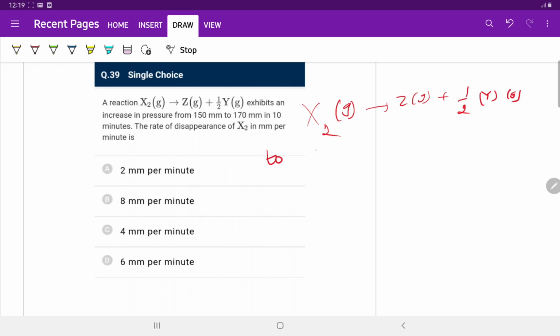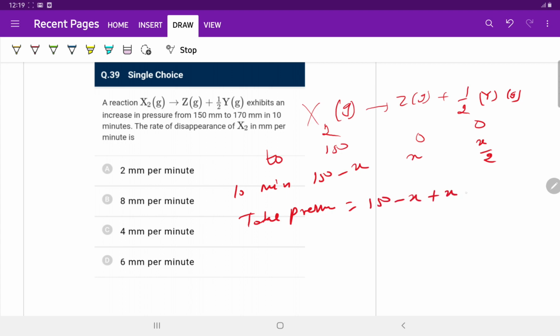When the time is 0: 150, 0 and 0. After 10 minutes: 150 minus x, x, and x by 2. Total pressure is equal to 150 minus x plus x by 2. 150 plus x by 2 is equal to 170. X is equal to 40 millimeter.